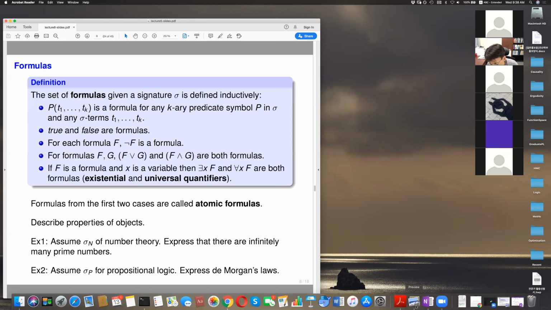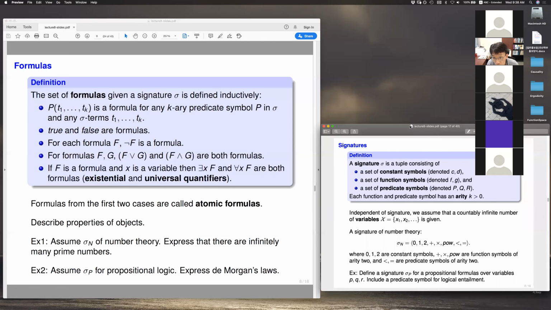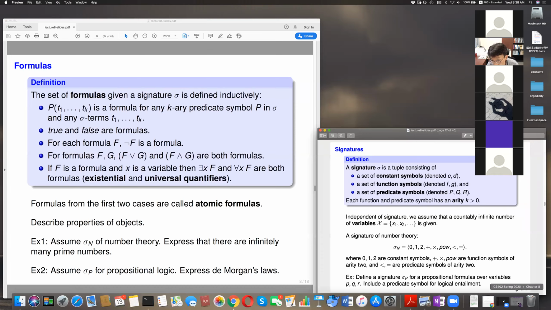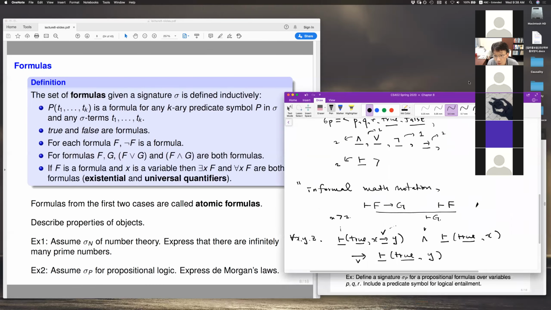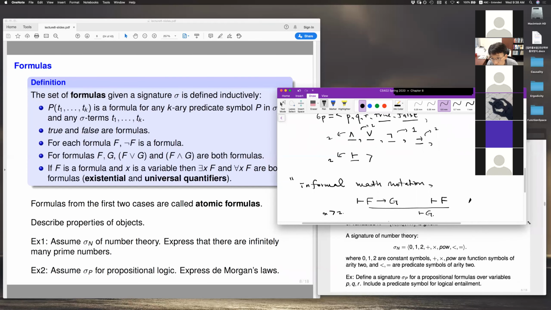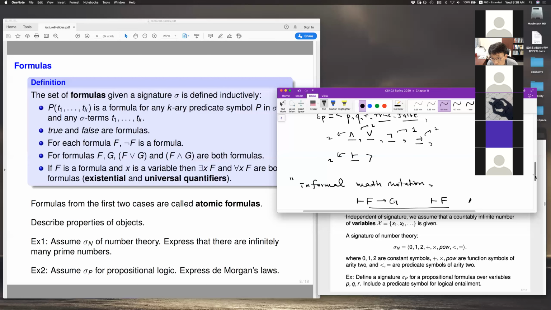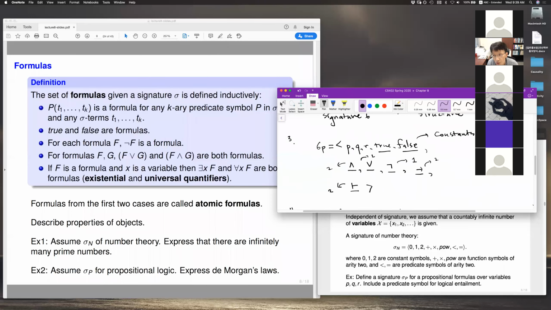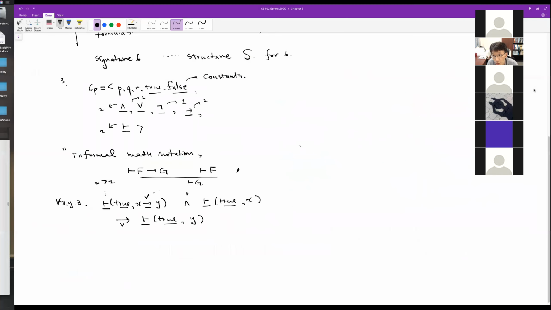Here's a reminder of the two signatures. This was the signature for number theory. And this is the signature for propositional logic.